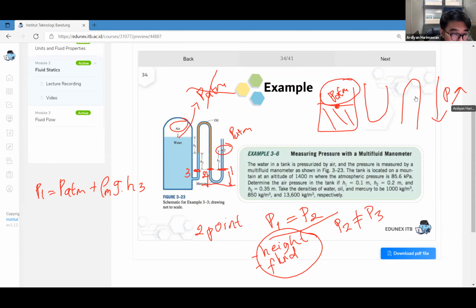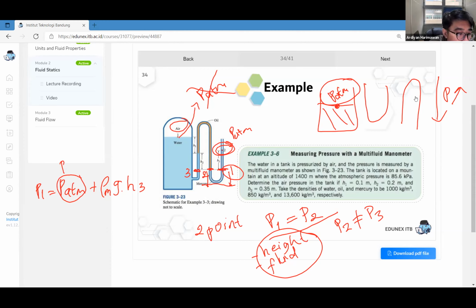So if you go to point 2, this is P2, right? The pressure at this one is atmospheric. So at point 1, P1 will be P atmospheric plus the density of mercury times gravity times the height h3.